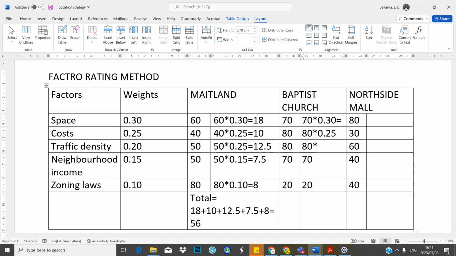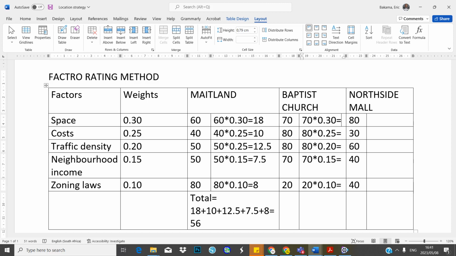Then here I will have 80 times 0.20. Then 70 times 0.15. Then 20 times 0.10. So we'll do the same thing as what we did previously for Maitland.